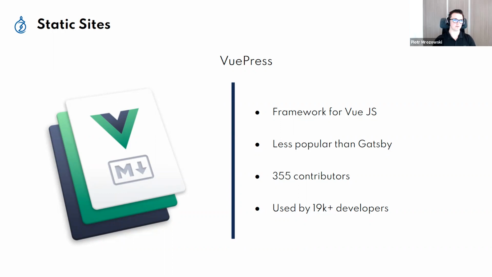It's greatly less popular than React. VuePress itself only has 355 contributors, used by just shy of 20,000 developers. It's just a framework, but Vue itself is also vastly less popular than React.